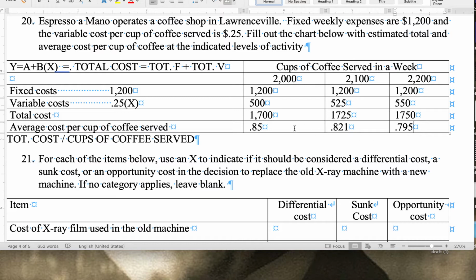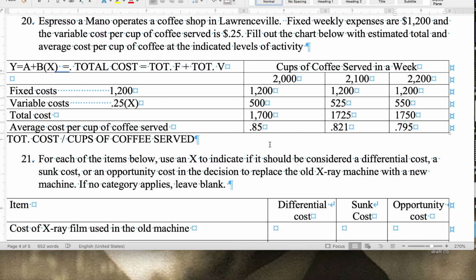So the reason why the average cost per cup of coffee served decreases is because of that fixed element. The more coffee we serve, the fixed cost per unit has an inverse relationship with activity. So we take those two increases and decreases on that per unit basis, we're basically averaging them out, and that's why our average cost per cup of coffee decreases.